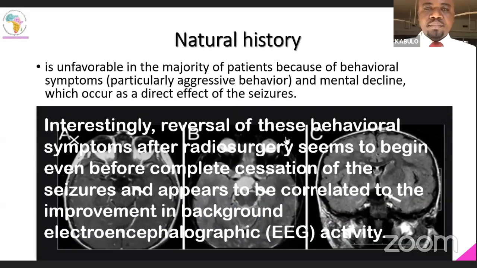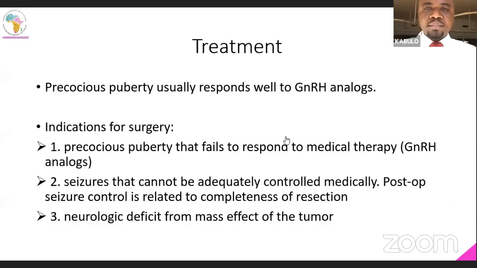So the natural history is usually unfavorable in the majority of patients because of behavioral symptoms. Interestingly, reversal of these behavioral symptoms after radiosurgery seems to begin even before complete cessation of the seizures. Then in terms of treatment, precocious puberty usually responds well to GnRH analogs.